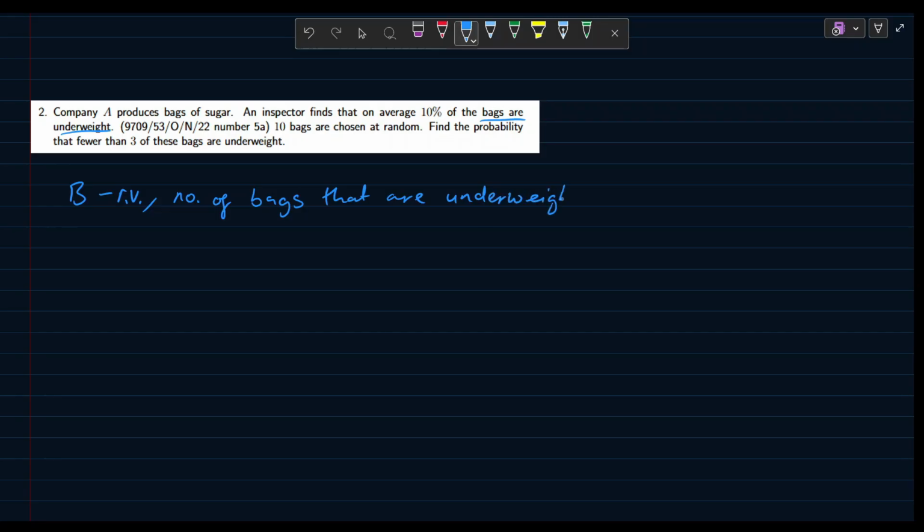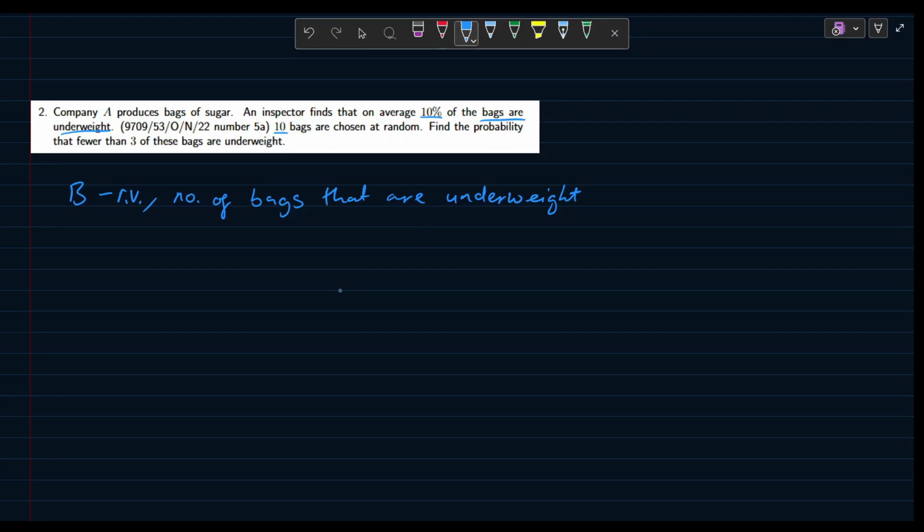So again, you check, does this random variable satisfy all 4 conditions that you have? That's to say, does it have 2 outcomes? Yes. We're checking whether bags are underweight or not underweight. And is our probability of success constant? Yes, because it's 10%. And then we've got a fixed number of trials, we've got 10. And then our trials are random, so they're independent of each other.